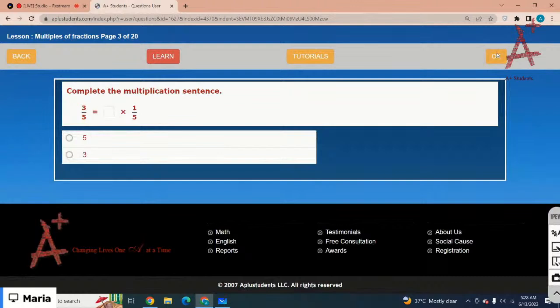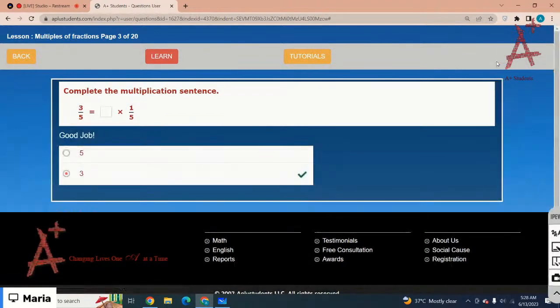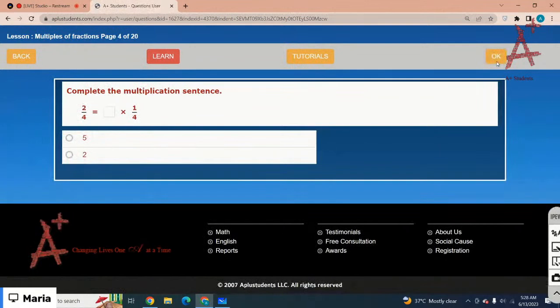Okay, the next one is 3 by 5 equals the missing number times 1 over 5. So which is the correct option? Very good. That would be 3 times 1 over 5. The missing number is 3. Okay, 2 by 4 equals the missing number times 1 over 4. So which number is missing?